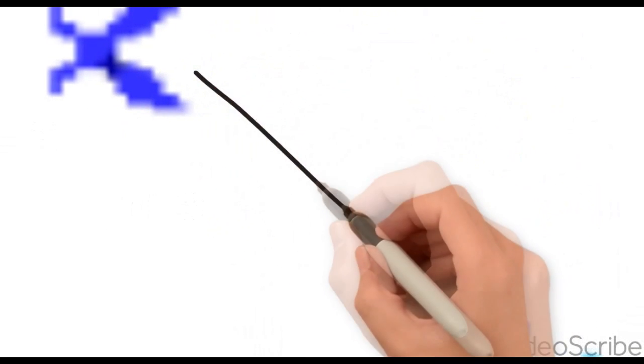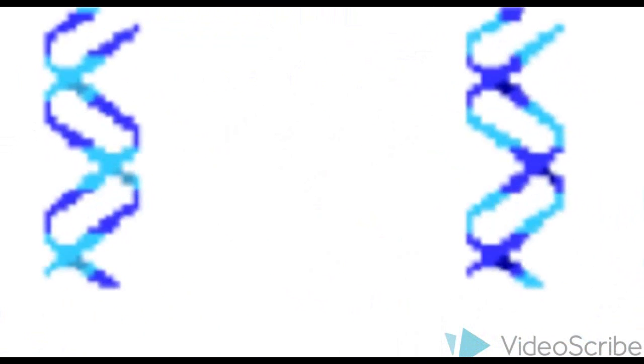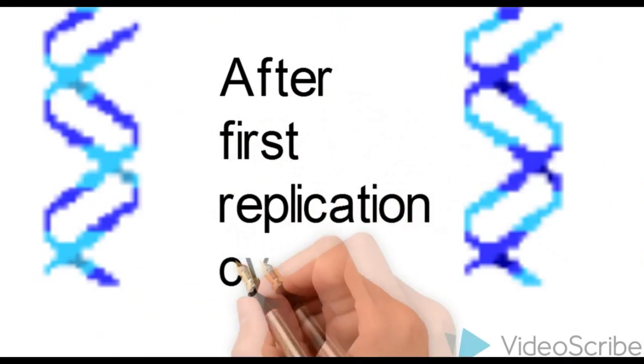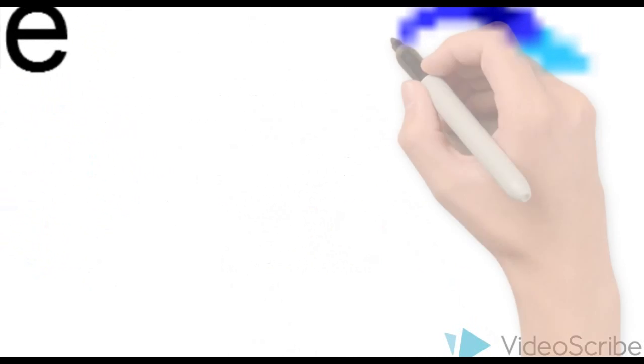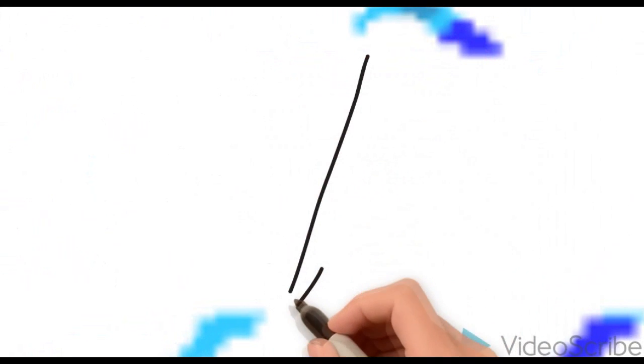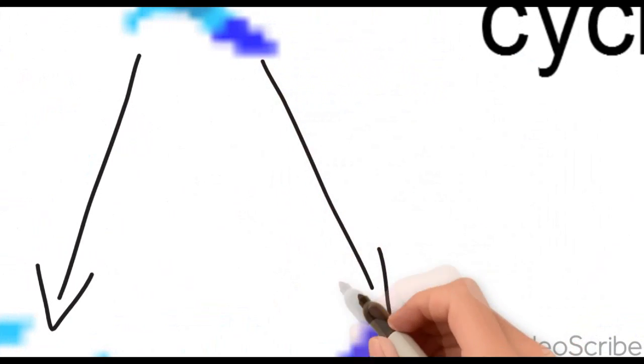Like I said before, it's separated into two double helix DNA, with shorter segments, some of which will be parental strand and some shorter segments will be daughter strand. After that, it separates itself and gives us dispersive replication.